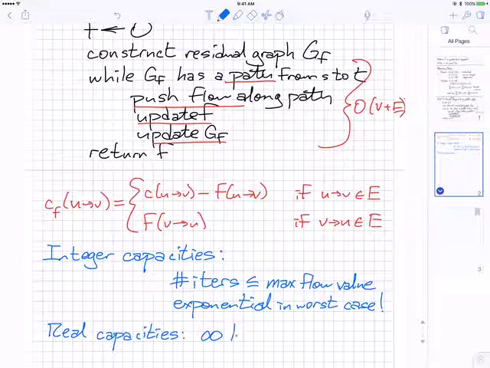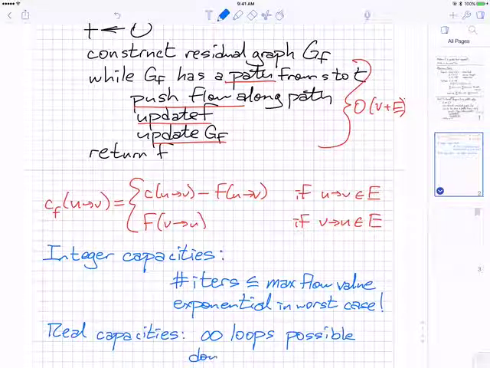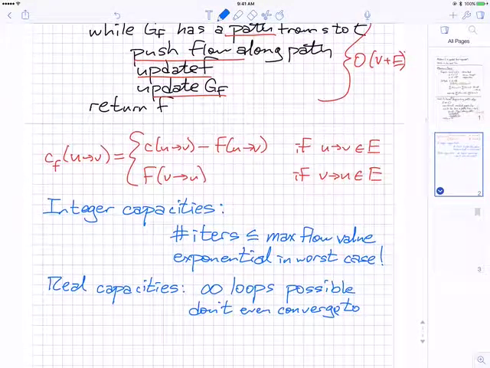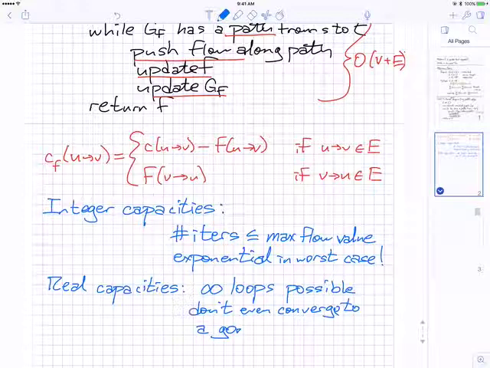It's possible to get into infinite loops, and don't even converge to a good approximation.